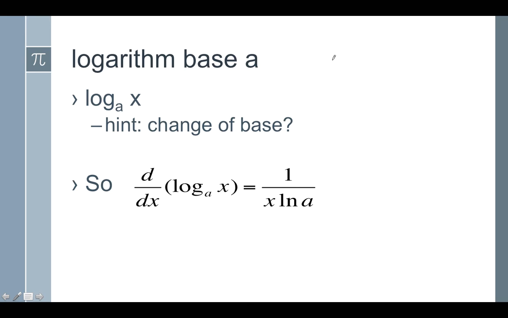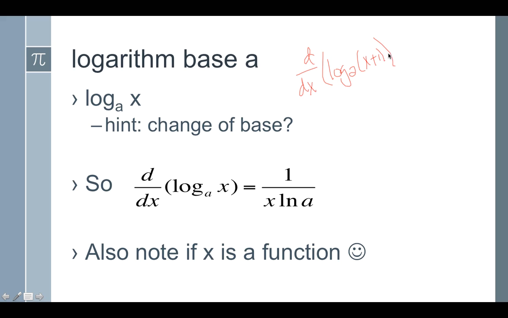So if I was to take the derivative of log base 2 of x plus 1, the derivative would be the derivative of the inside, which is 1, times 1 over that thing, times the natural log of 2.